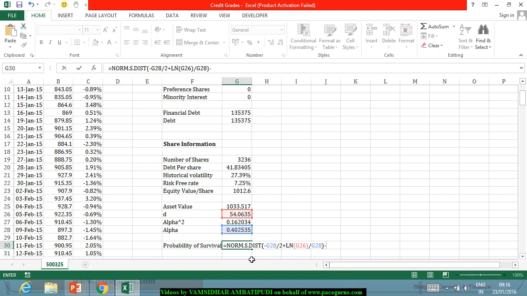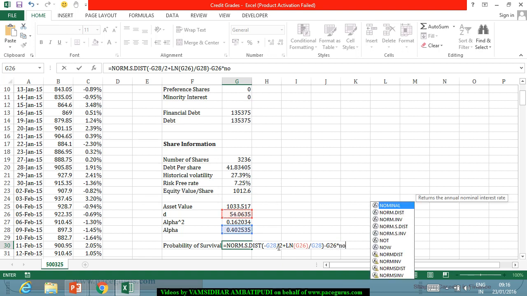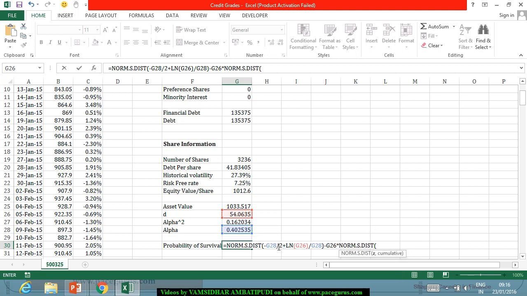minus D times the same NORM.S.DIST of minus alpha by 2 minus log D divided by alpha.